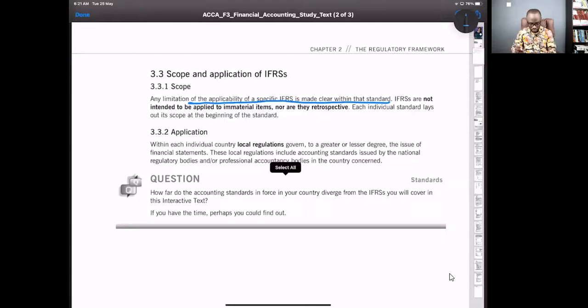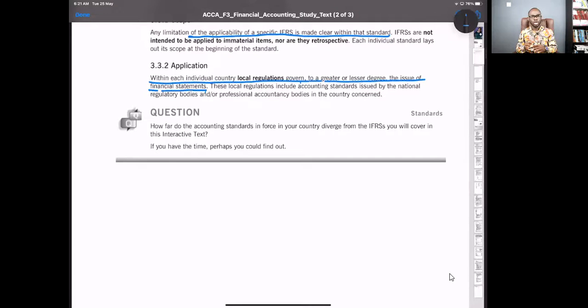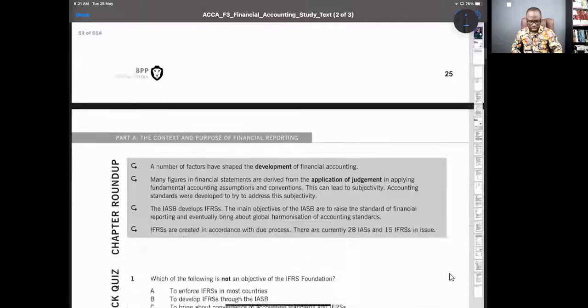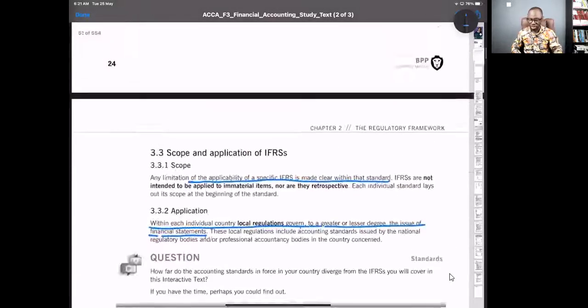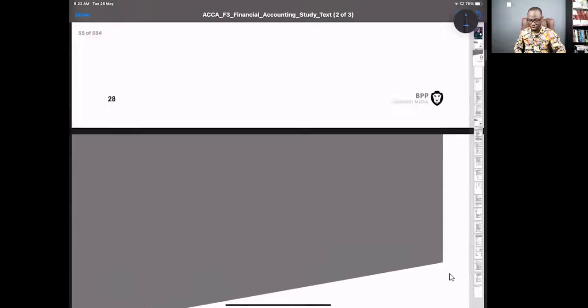Then within each individual country, local regulations govern to a greater or lesser degree the issue of financial statements. So you have to be careful that, yes, we are going to be applying IFRSs and IASs in the preparation of financial statements, but we are not going to be ignoring our national laws and national standards. So there has to be some level of conformity. That is what you need to understand about the regulatory framework.